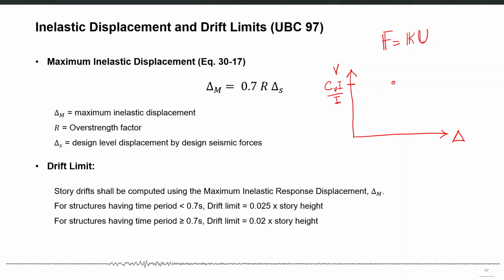So this is, let's say, this number. And what you have done is that you have applied the R value, so you now have CVI over RT. So this force vector which you will be applying to your structure is basically the story forces which are distributed from the base shear, and those story forces already have the R factor. So basically this force vector is coming from CV over RT.